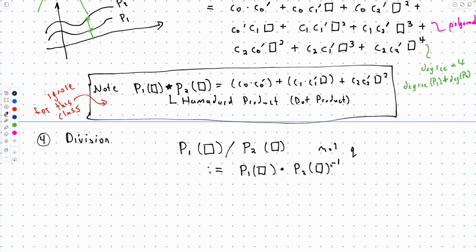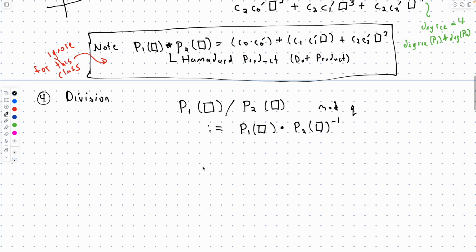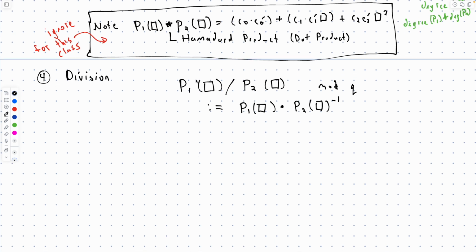We're not going to use this so much. We're almost never going to divide two polynomials, unless they have a certain feature which makes division very clean. Because of that, we're not going to have to go through the mechanics of doing this so much.